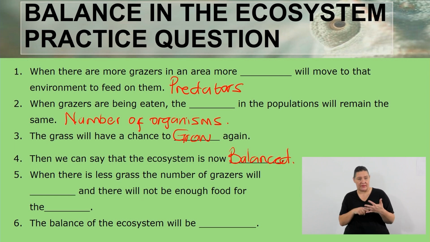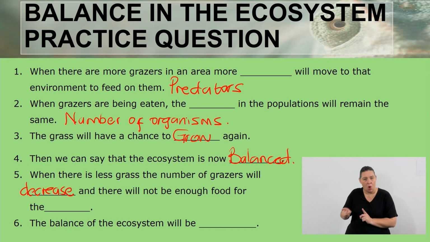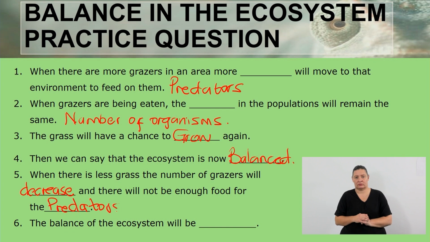Number 5, when there is less grass, the number of grazers will decrease, and there will not be enough food for the predators.